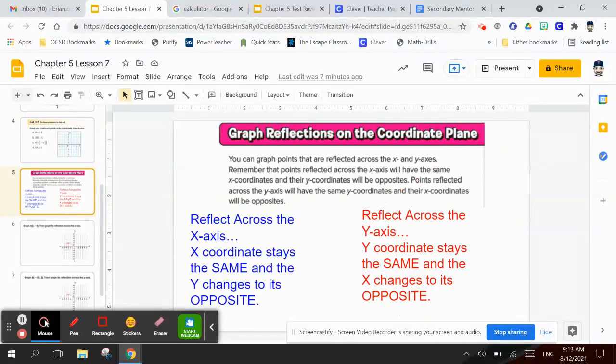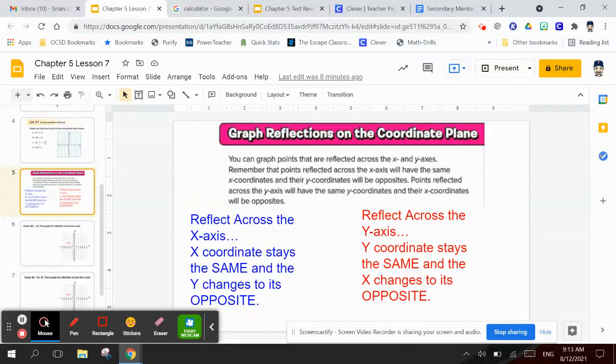Reflections. You can graph points that are reflected across the x-axis and y-axis. Remember that points reflected across the x-axis will have the same x coordinate, and their y coordinates will be opposites. Points reflected across the y-axis will have the same y coordinate, and their x coordinates will be opposite.